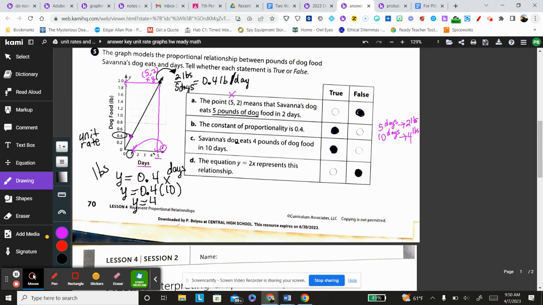So is that true? Yes. Or what you could do is use the equation y equals 0.4x, because that's my unit rate. Then you could just change x to 10 and multiply and get 4. All right, D, the equation represents this relationship. No, this is the actual equation. 2 is not my unit rate, 0.4 is.